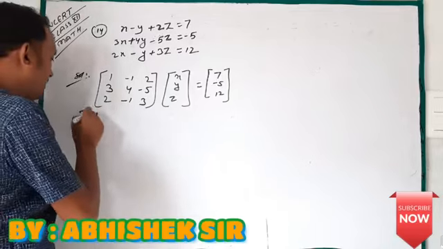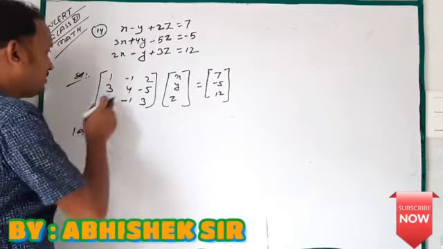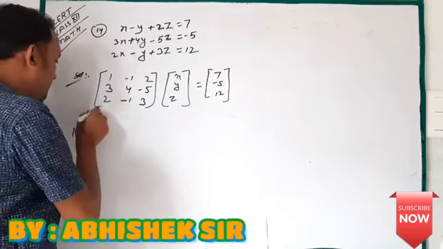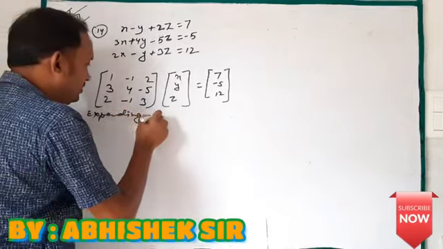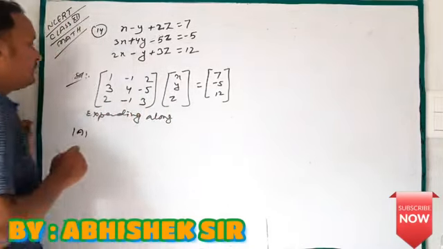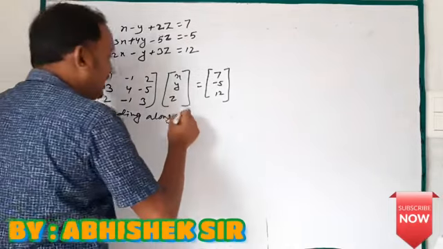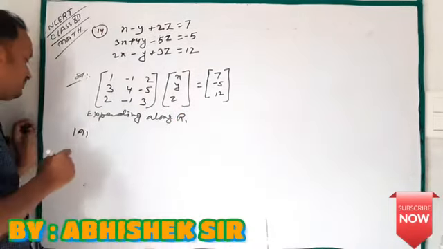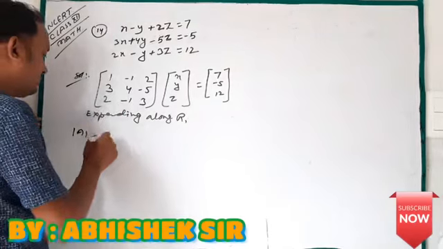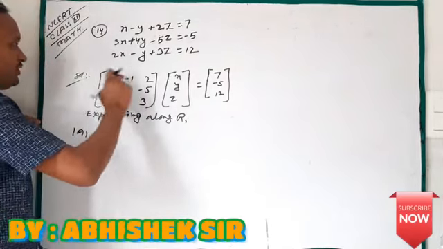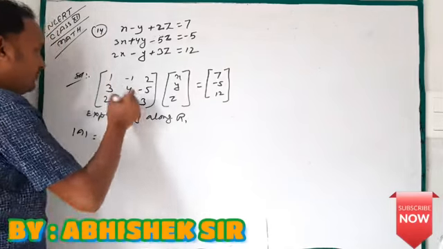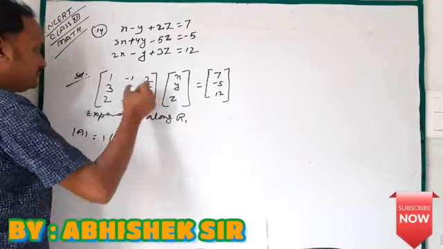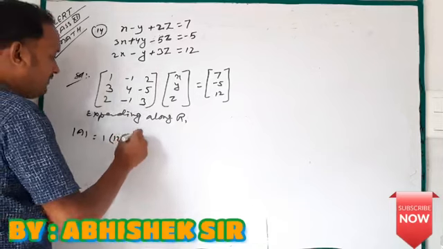We have to find the determinant of A. How can we find it? By expanding along R1. This is 1, first row, first column: 4 3 is 12, minus 5.